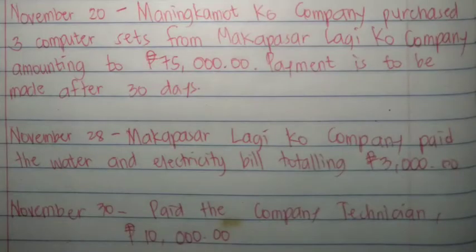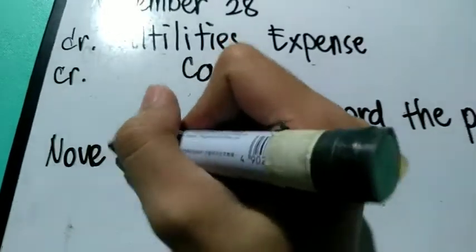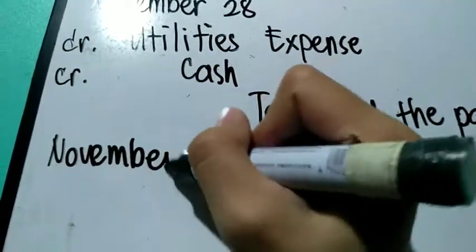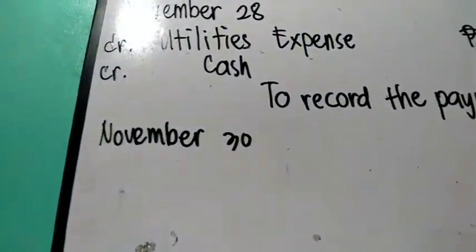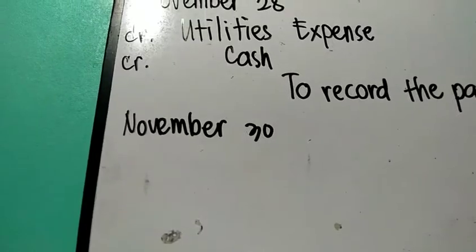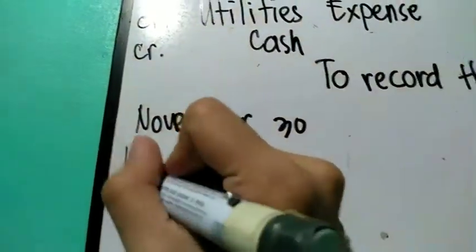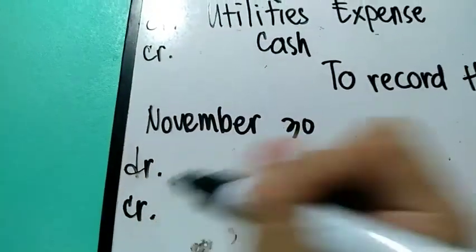Now lastly, for our last transaction in November 30, paid the company technician 10,000 pesos. So let's journalize the transaction. November 30. So let's have the debit and the credit.